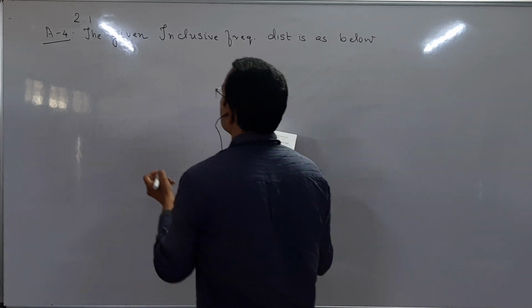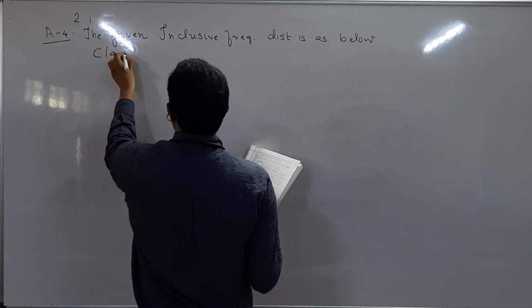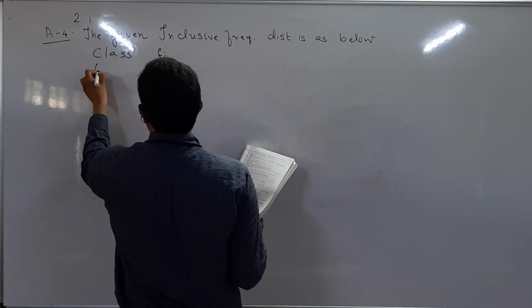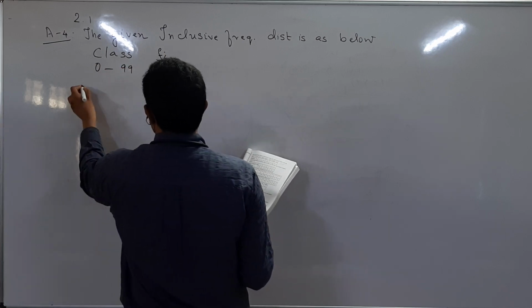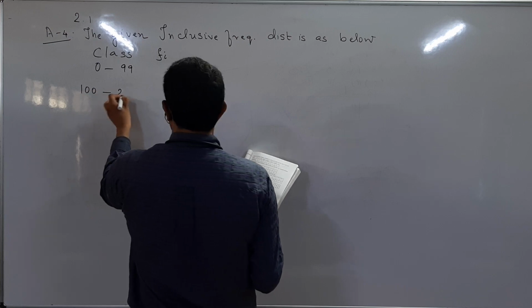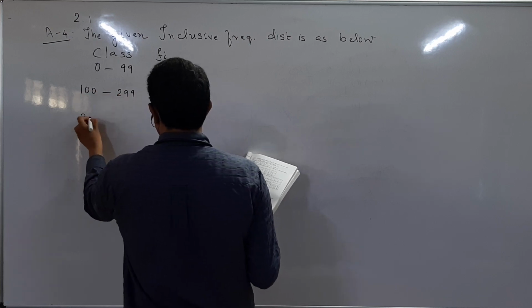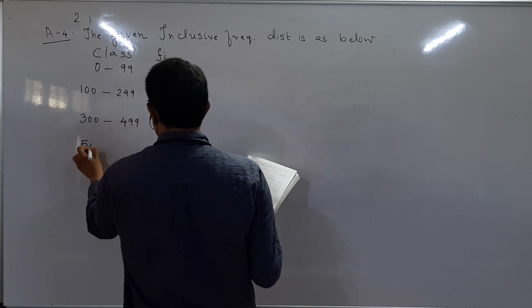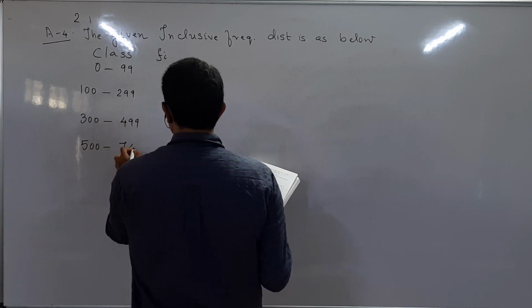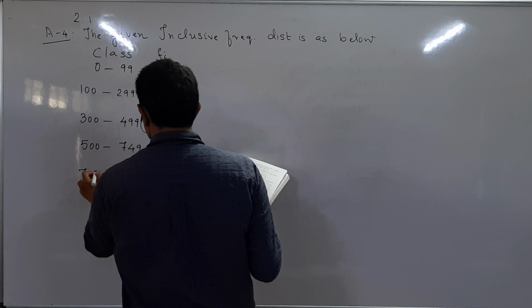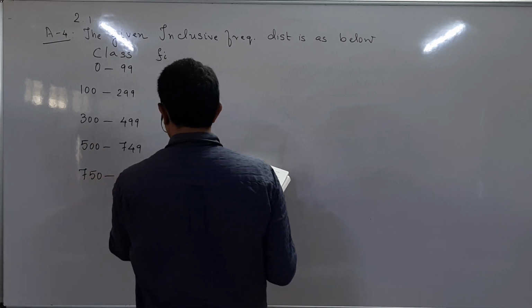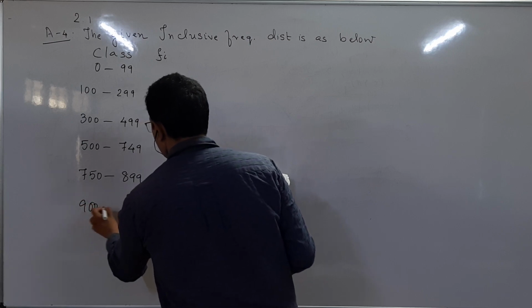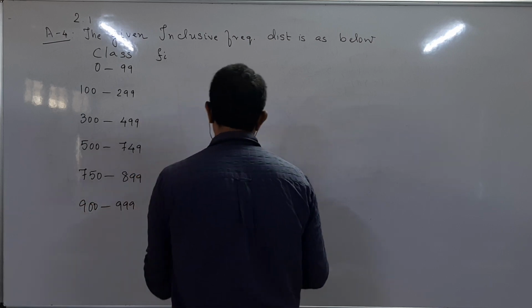Let us note down classes and corresponding frequency Fi: 0 to 99, 100 to 299, 300 to 499, 500 to 749, 750 to 899, and 900 to 999.